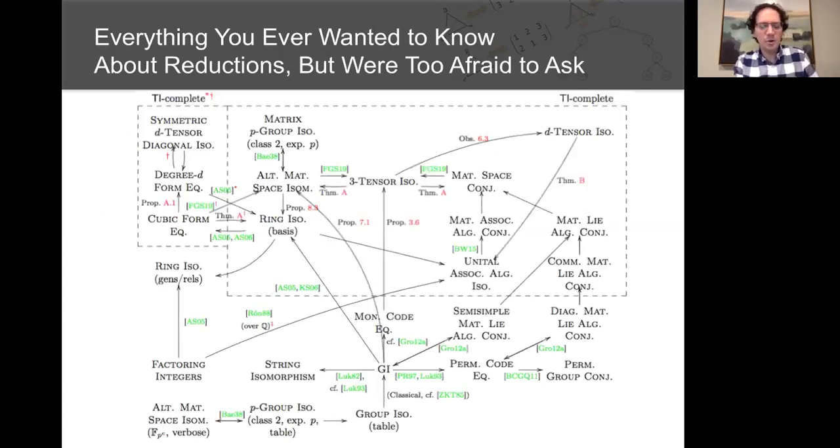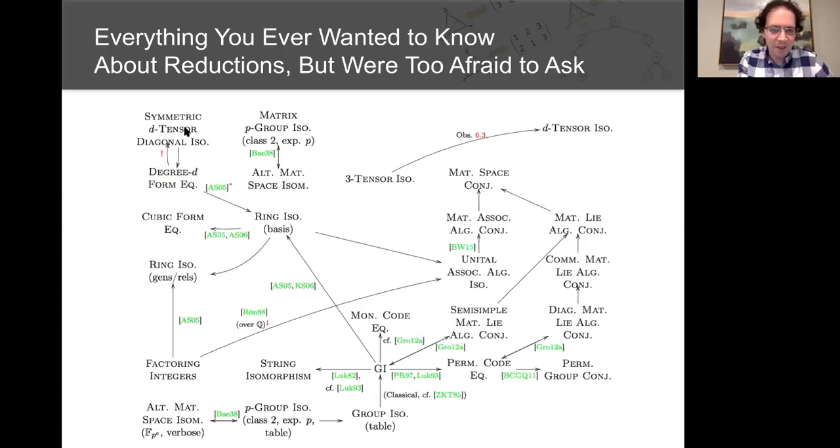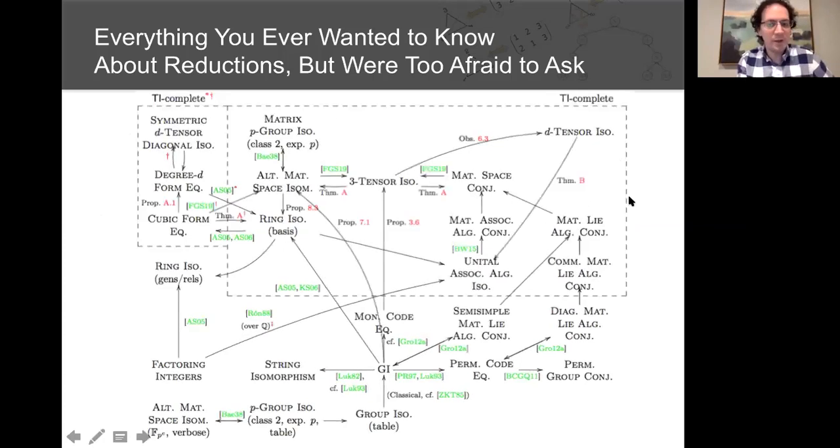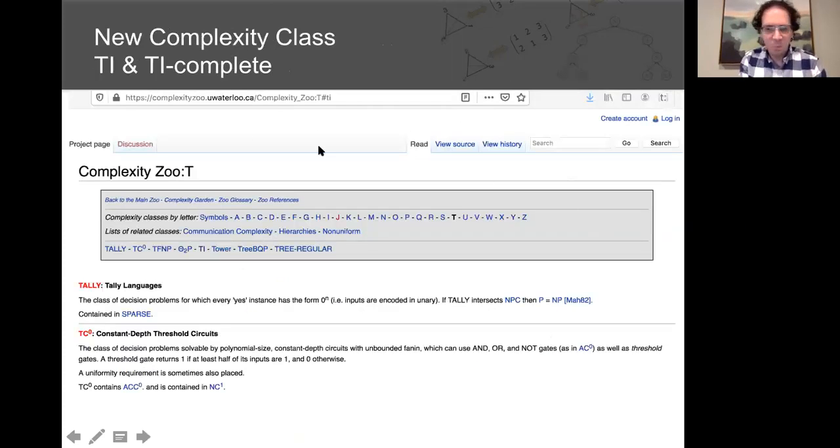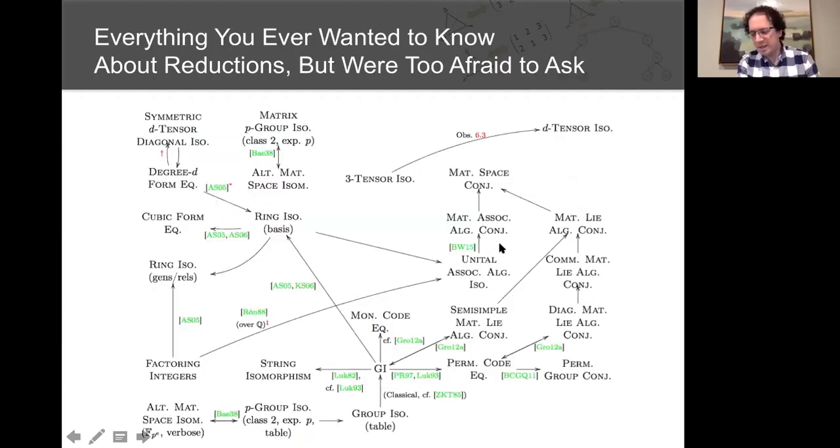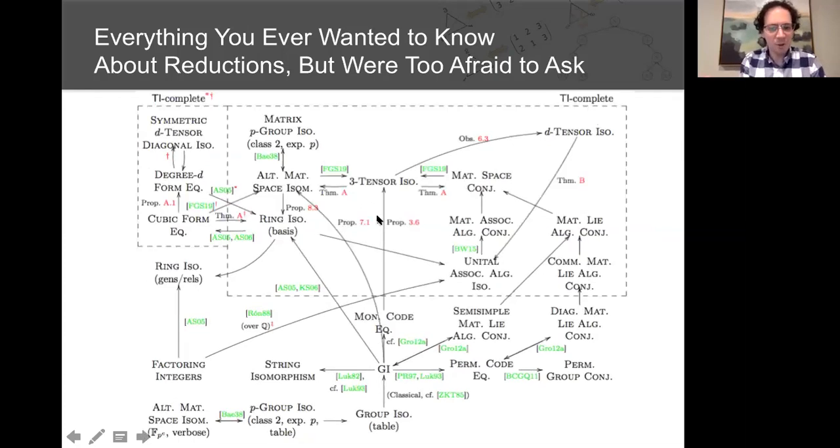The key things to notice here: first of all, everything in these dotted boxes is now equivalent to one another, and they're all now universal for linear algebraic structures. So that's a massive simplification. We had what seemed like a wild world of all these things, some of which reduced to some other things, and some of which didn't, and we didn't know, and it turns out they're all equivalent. Including, by the way, D tensor isomorphism reducing to 3 tensor isomorphism, if you follow this path here.